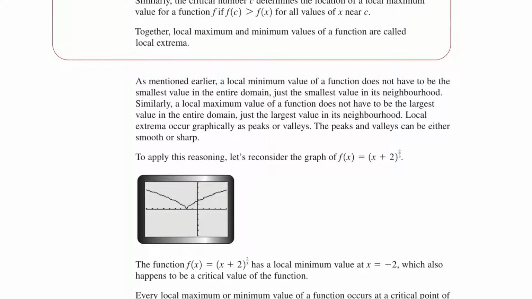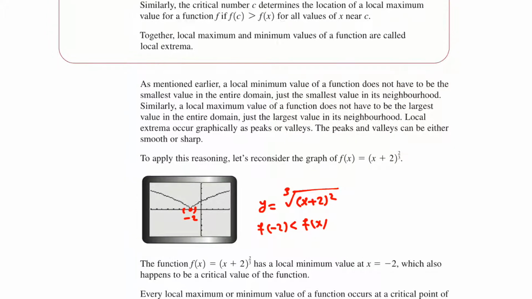If we look at the graph of cube root of x plus 2 to the power of 2, we see for x's near -2, f of -2 is smaller than f of x.